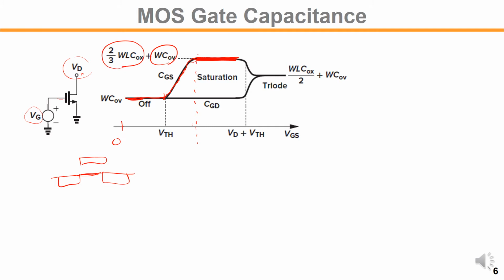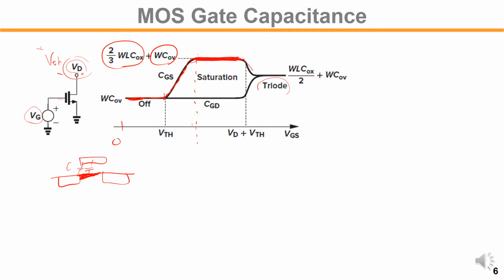We have a CGS overlap, so we have a channel inversion there. In saturation, we have the channel capacitance and also the overlap capacitance. If you increase VD even higher, then what happens? When the gate voltage and drain voltage difference approaches VTH, it will get into the triode region.